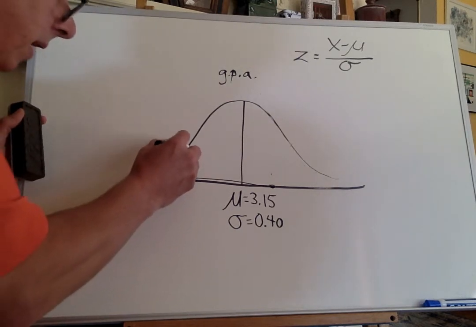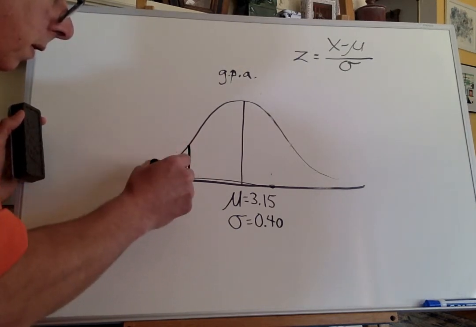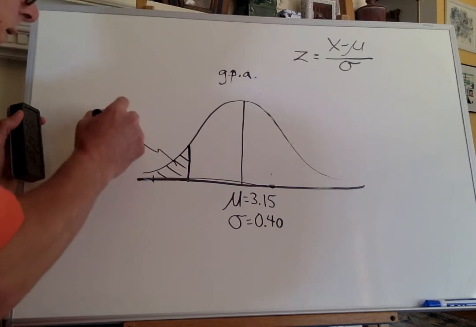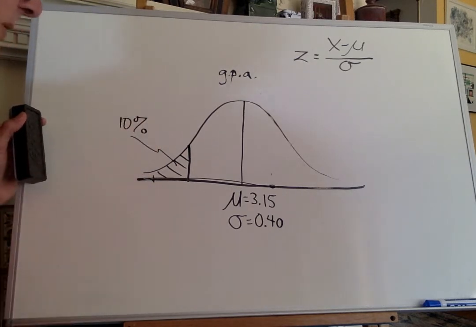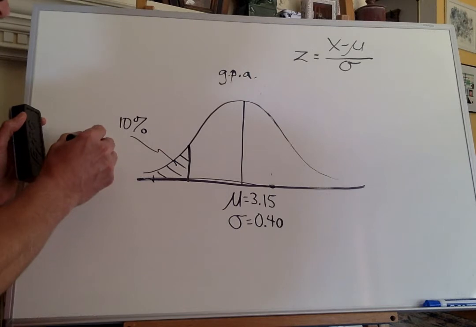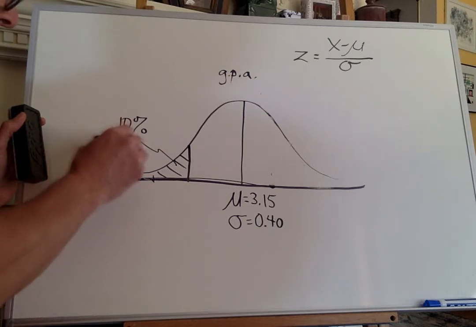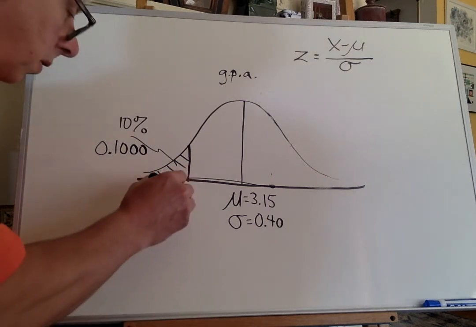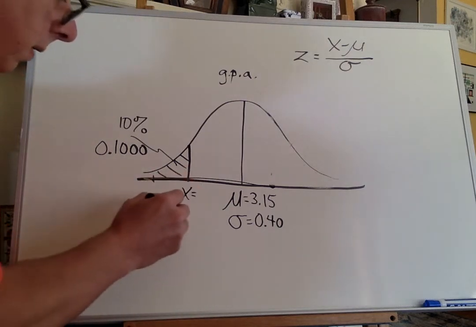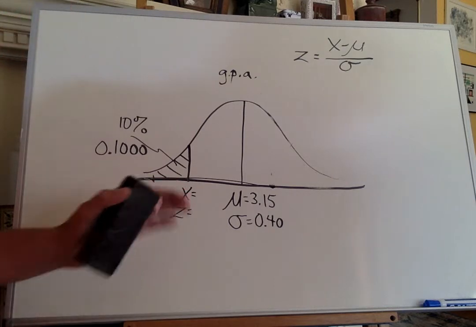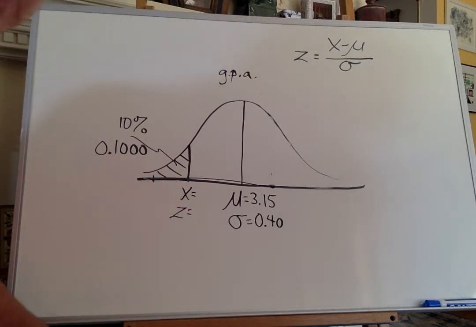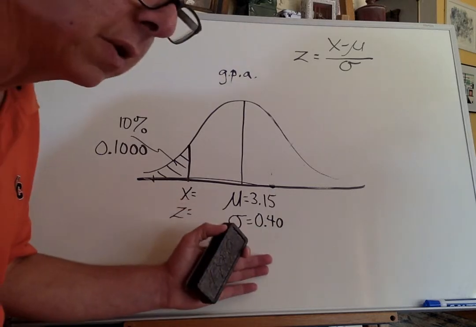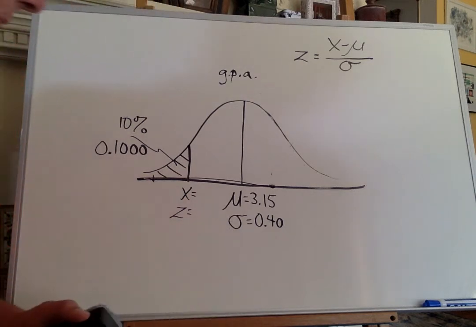So what I'm talking about here is the bottom 10% as a proportion. That would look like this. And so what x value, that is, what GPA would you have to have to be dismissed from the school if these are the population parameters, okay?